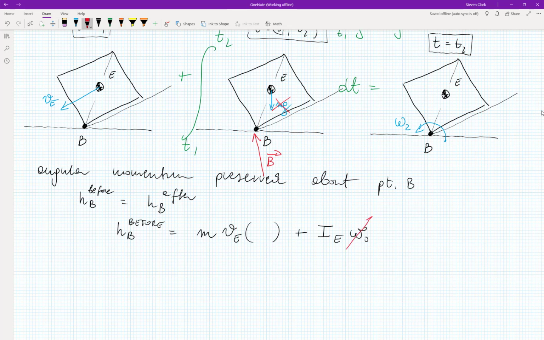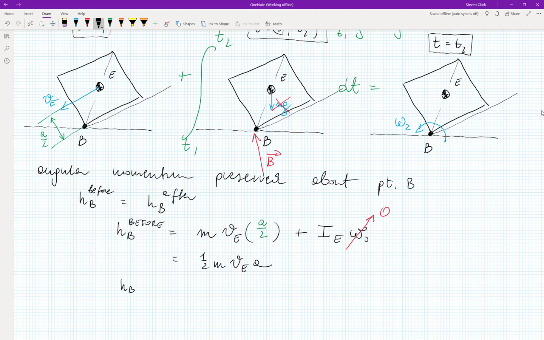This is 0. And this distance here will naturally be this distance. This is a half. So I can put a half in here. Okay, guys, so in here we'll have 1/2 M VE A. Okay, 50% of the problem done.